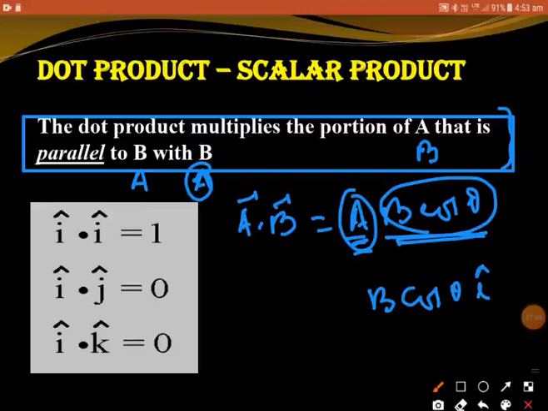A was drawn along x-axis, right? So that is the meaning.